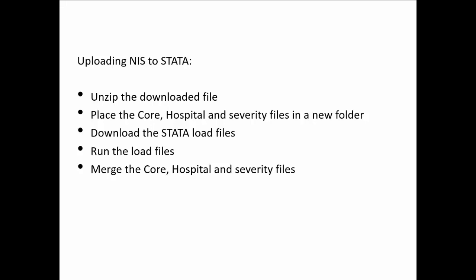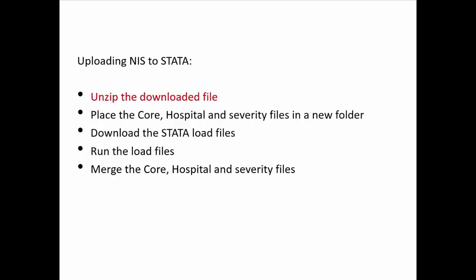Step two would be to place these files, the core, hospital, and severity files, in a new folder. The third step is to download the STATA load files, and we will talk about how to find them and download them. Step number four is to run the load files. And then step number five, the last step, is to merge the core, hospital, and severity files into one database that we can use in the future.